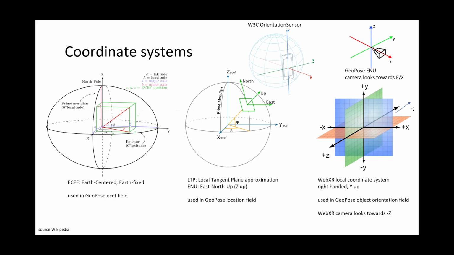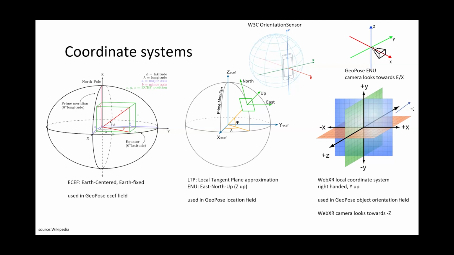What I do is calculate the transform that brings your current local coordinate system to this east, north, up, and then I retrieve all the objects and place them with this transformation so that everything appears at the right place. If you reset and relocalize, then a new transform gets calculated, and that is applied to all the contents.